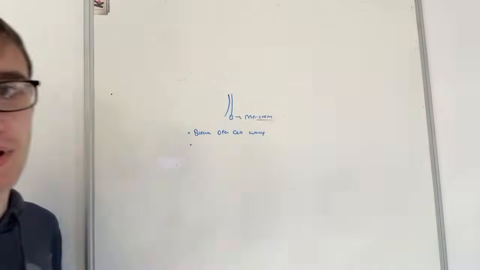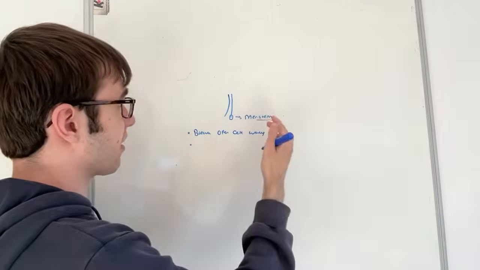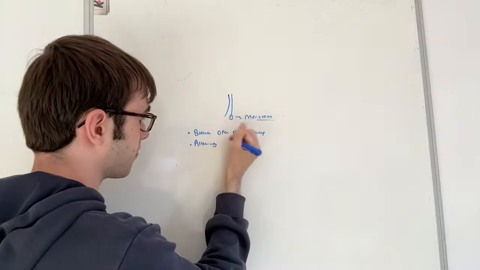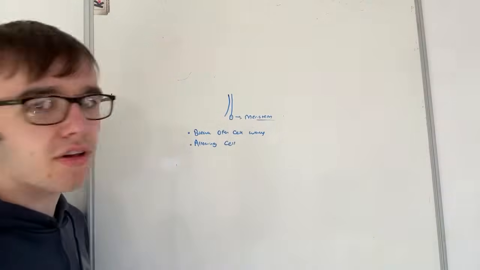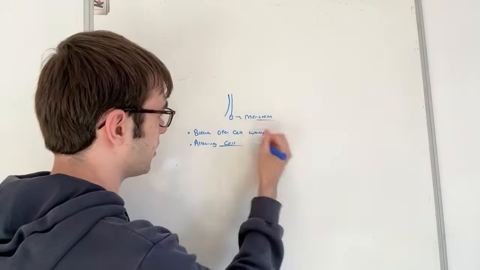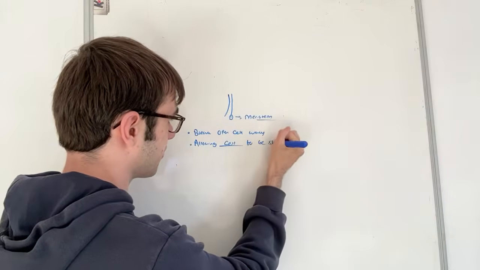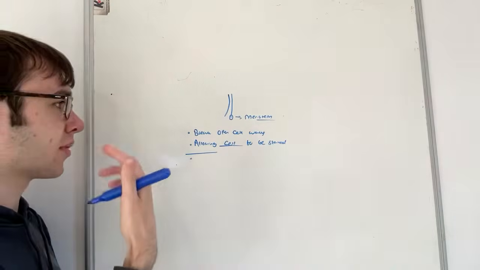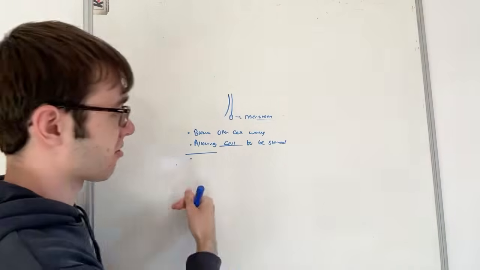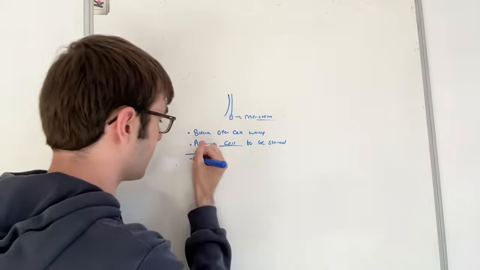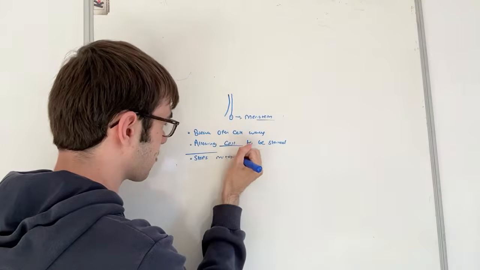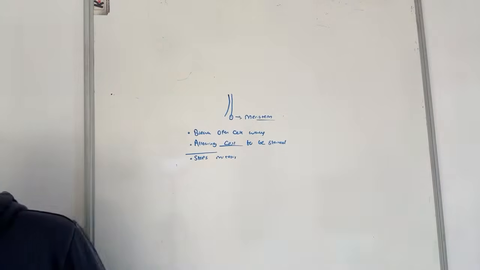It breaks open the cell walls, allowing the stain to actually enter. So allowing cell, I don't know whether cell would be a bit of a vague term, but allowing cell to be stained. Also, you would add hydrochloric acid because that would stop mitosis, so you're actually able to observe it. So that is why.